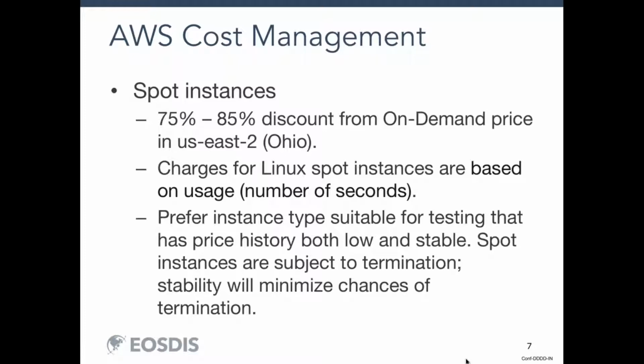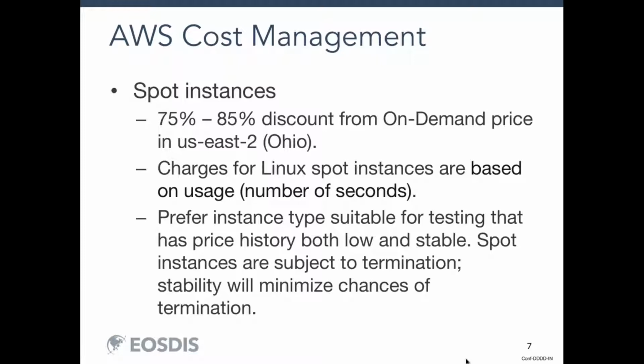This is less of a problem than it used to be, I think, because looking at the 3-month price histories, the prices are much more stable than they used to be a couple of years ago. The instances we use have a flat curve over 3 months. It used to be there were some that were up and down every day, but I don't see those as much anymore.